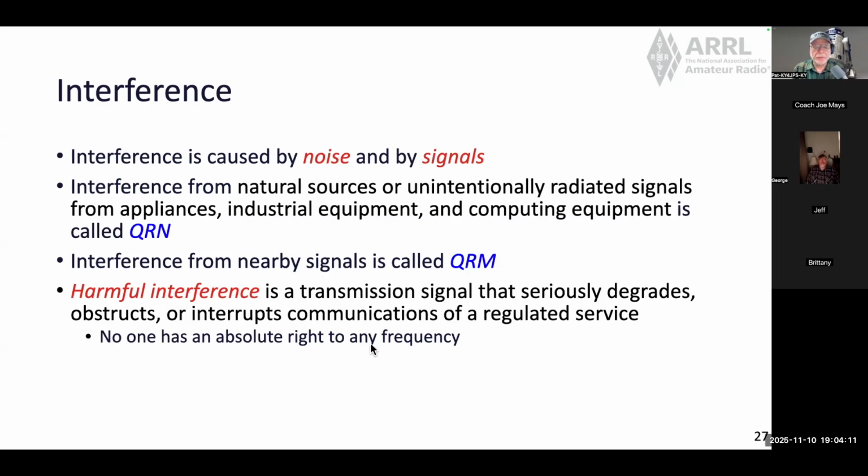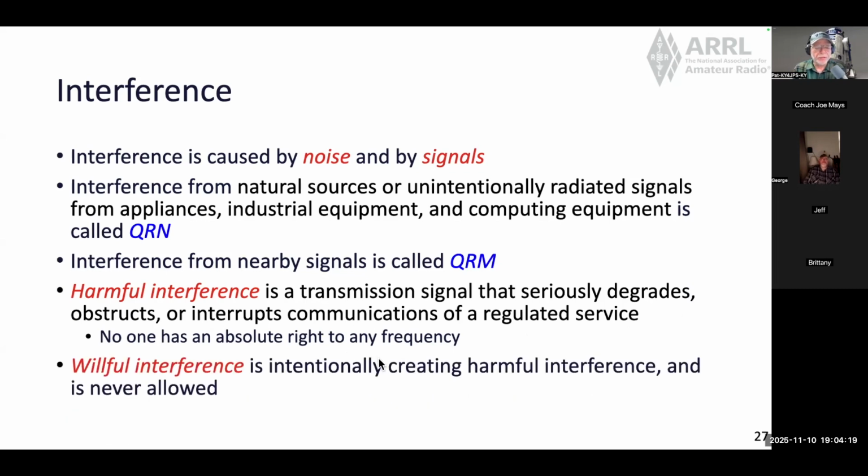No one has absolute right to any frequency. And that's a touchy subject in the ham radio community because there are certain nets that are held on certain frequencies and they're off limits. But people occasionally try to challenge that. But really, no one has absolute right to any frequency. You have as much right as the next guy down the street.